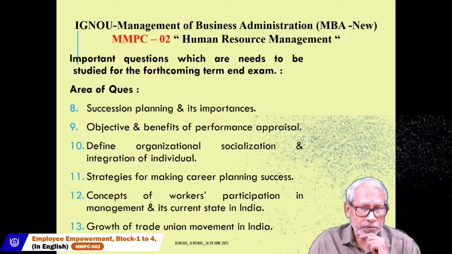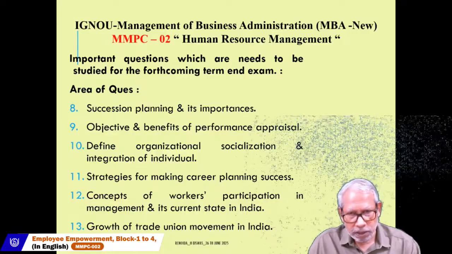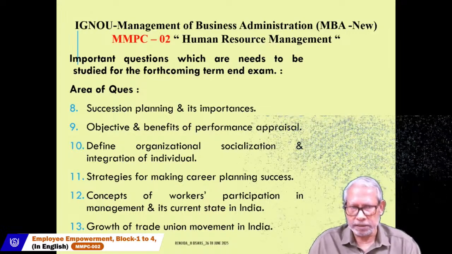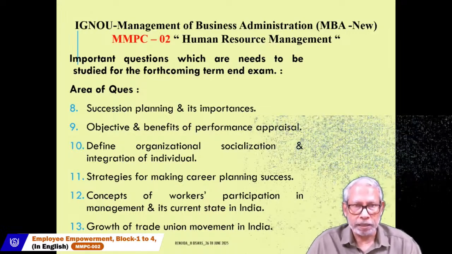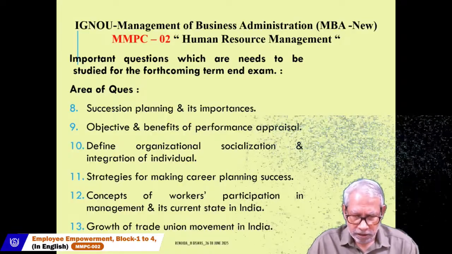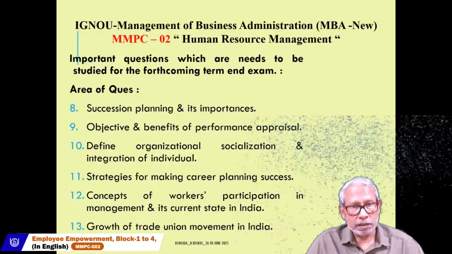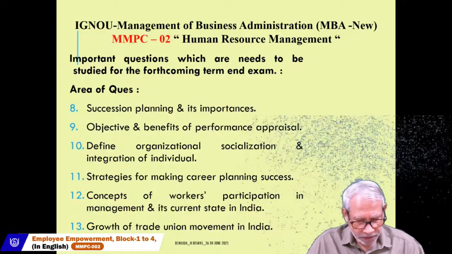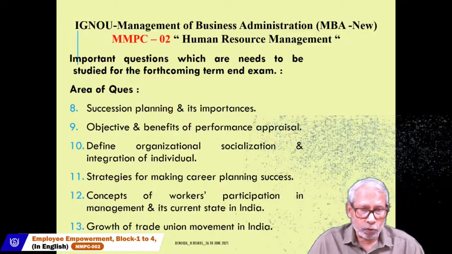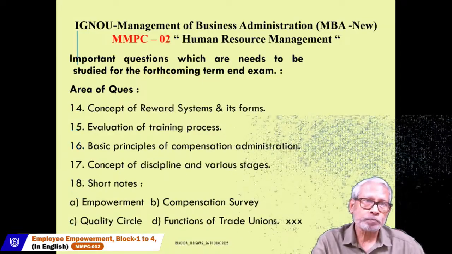So this time it may come on the state of India: what type of worker participation systems and management there are in companies in India. Earlier it was like that. If you see last time, December 2024, question number 6 already came, but that time it was Germany and Czechoslovakia. Now this time I feel growth of trade union movements in India. That is also an important question.